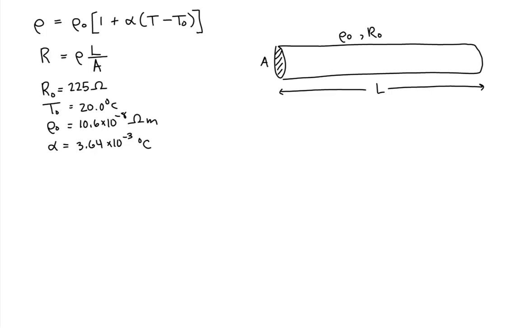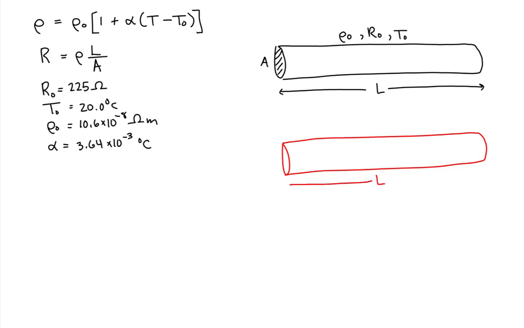So we know what the resistance is of this resistor at 20 degrees Celsius. Now we're going to place this resistor in a furnace. Once it's in a furnace, it's going to get hot. Let's assume that neither the length nor the cross-sectional area will change by a measurable amount, so we'll assume those two quantities remain constant.